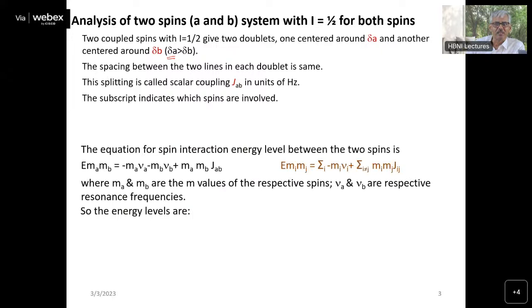So if you consider, let us say, this is your delta A position and this is your delta B position.